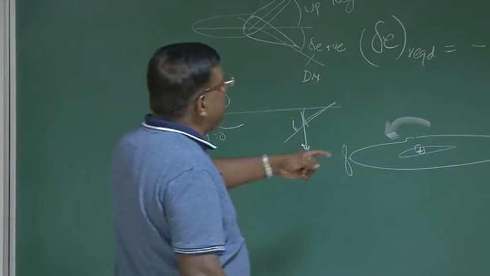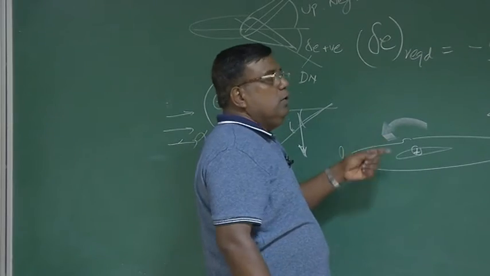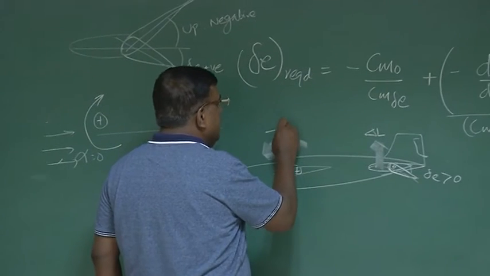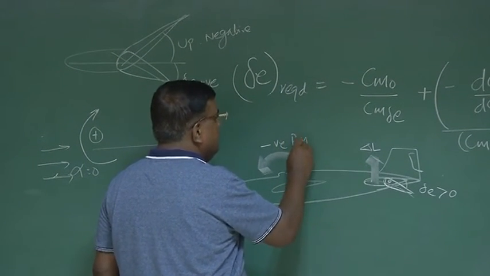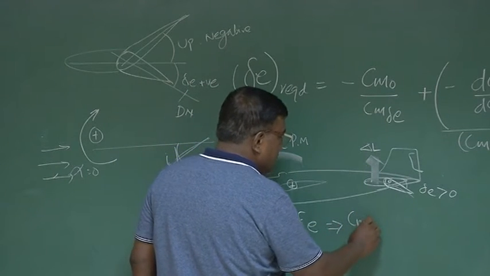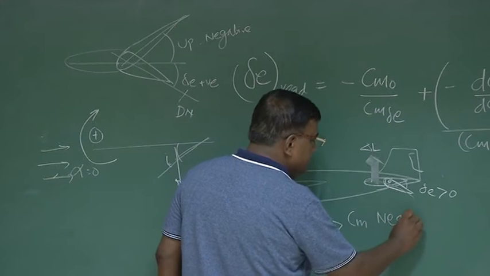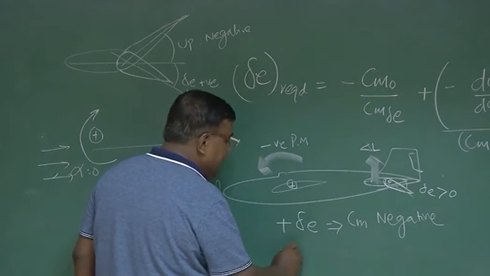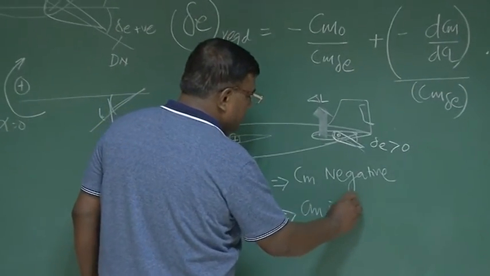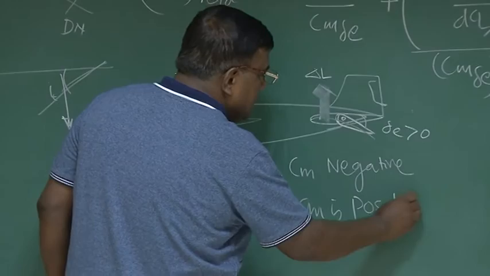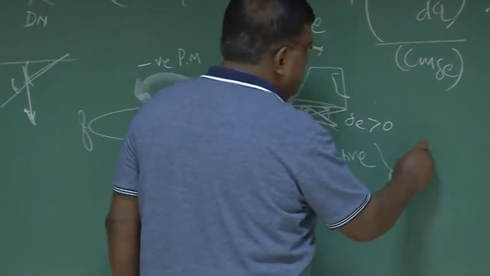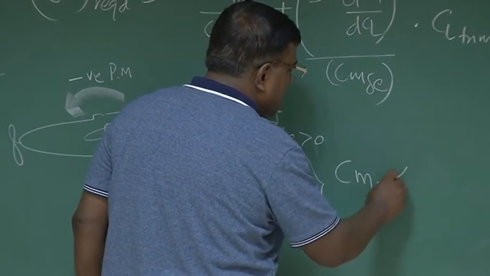So what is the sign of this moment? Nose up is positive and nose down is negative, so this will generate a negative pitching moment. So we say for positive delta E, Cm is negative. Similarly, for negative delta E, which is up, Cm is positive. And we combine this and say the sign of Cm delta E is less than 0.